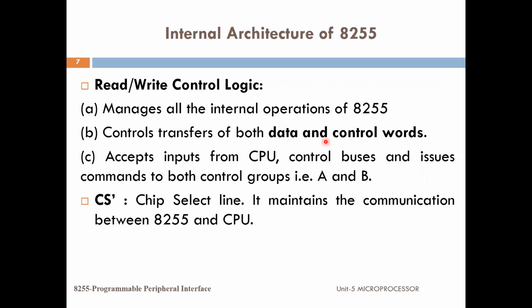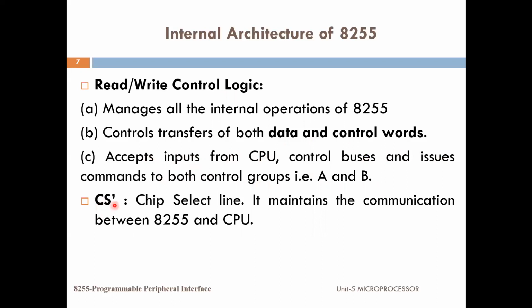That we will see later on in the next lecture when we discuss the different operating modes supported by the 8255. So this read and write control logic accepts the input from the CPU, controls the buses and gives the command to both control group A and B.